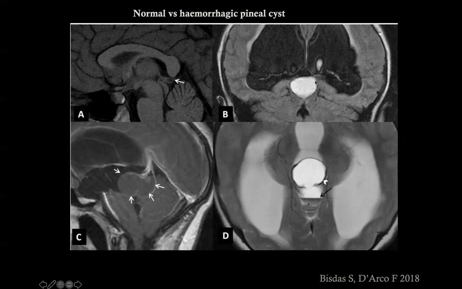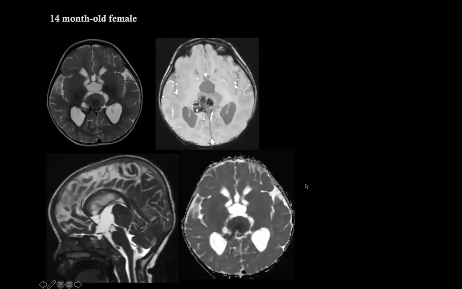In these cases, if you don't see any enhancing nodule, probably this is just a hemorrhage, and the neurosurgeon's problem is to cure the mass effect rather than looking for a tumor. So remember, this is very rare anyway.